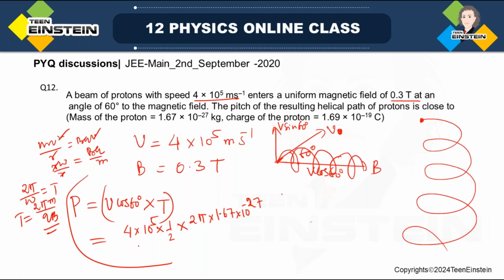So 2 pi m by qb, where q is the protonic charge, 1.6 into 10 to the power minus 19, which is given, times B, which is 0.3 Tesla.